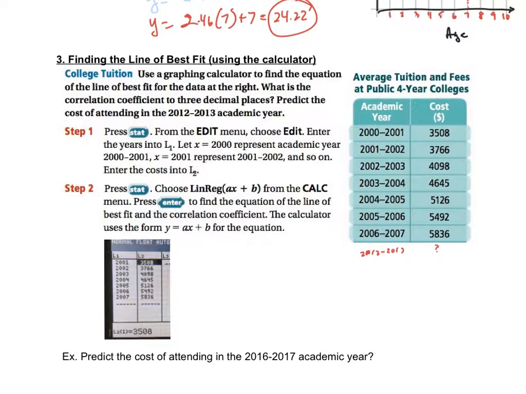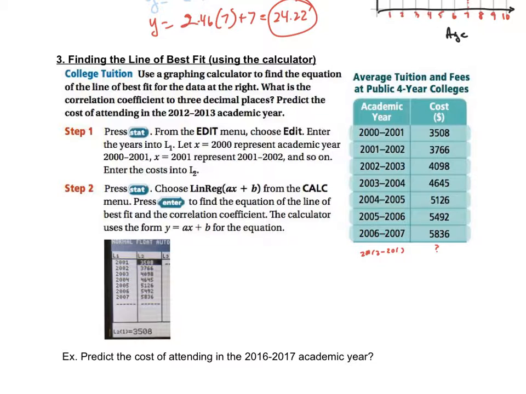Okay, so I've placed my information in there, and it does say let L1 be years, enter your years into L1, and then it says let X be 2000 to represent the academic year of 2000, 2001, and then let X equal 2001 to represent 2001, 2002.